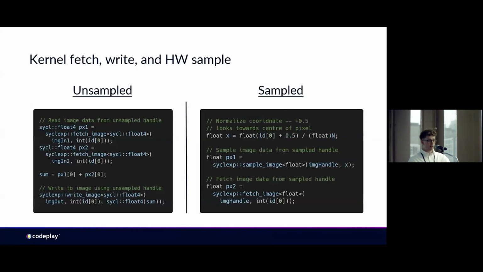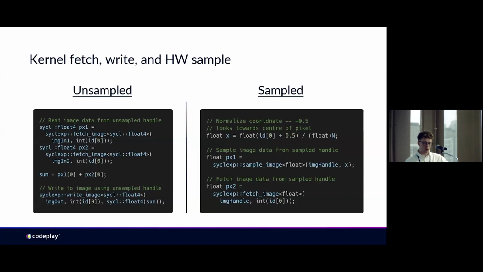And finally, actually using them. So using them in the kernel is very simple. Both unsampled reading and sampled reading is facilitated with sample image and fetch image, while writing is done through write image.